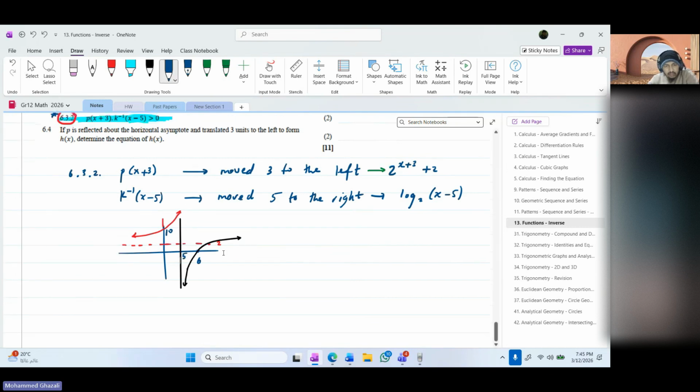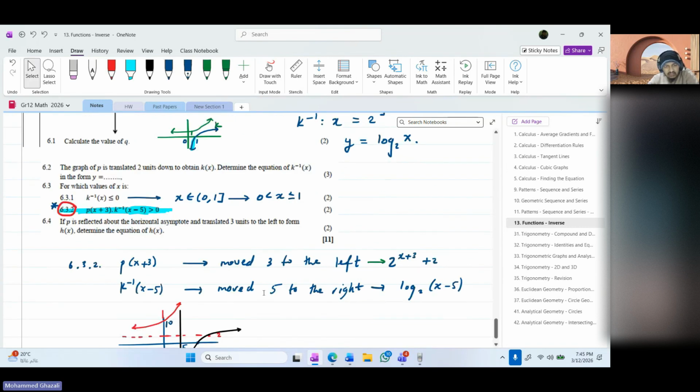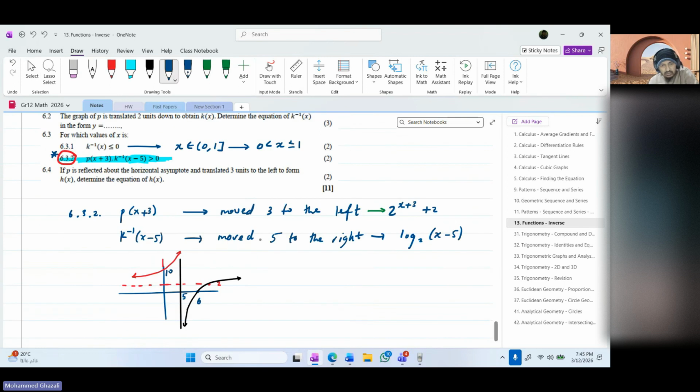So we want to know when the product of these two functions is positive. So we want both graphs to be above the x-axis. Let's call this graph f and this graph g. So f times g must be above the x-axis. When is the graph above the x-axis? When it's after 6, and this whole thing is already above the x-axis, so we can take everything here.